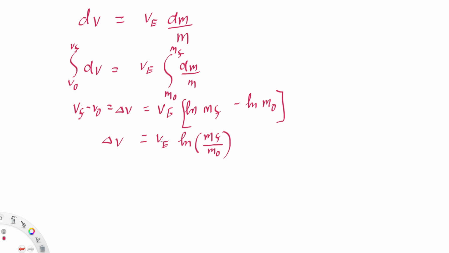But we can take that negative sign inside the log and use it to switch the numerator and denominator of that ratio. And so it's more usual to see something like this, the speed of the exhaust rather than the velocity is equal to the log of m0 over mf.